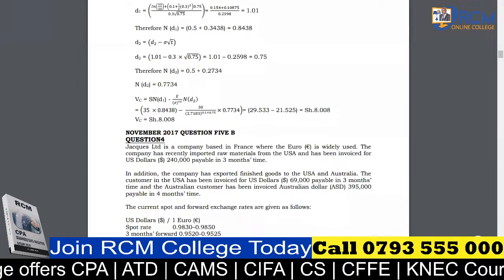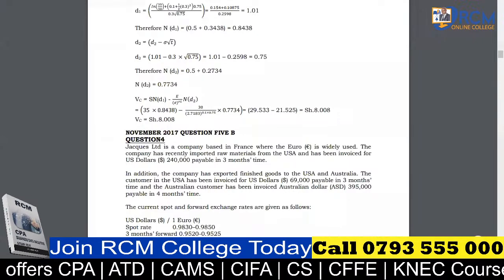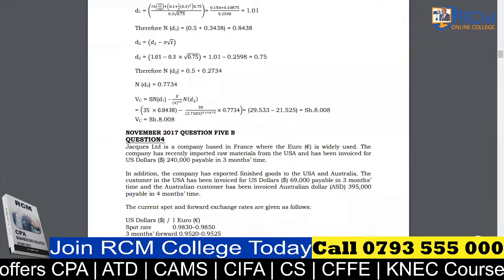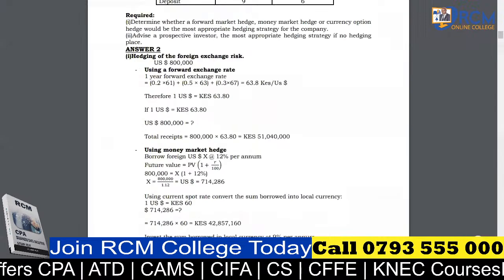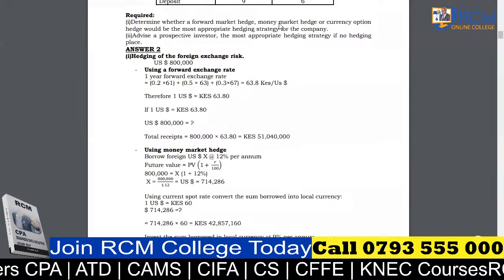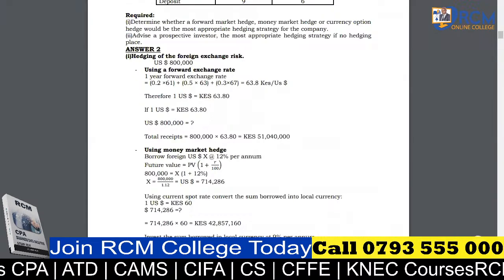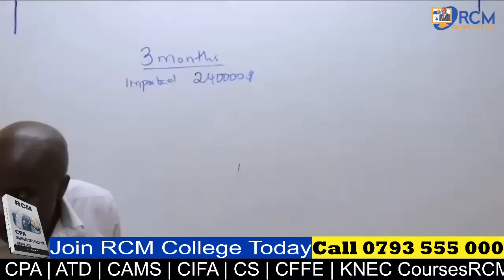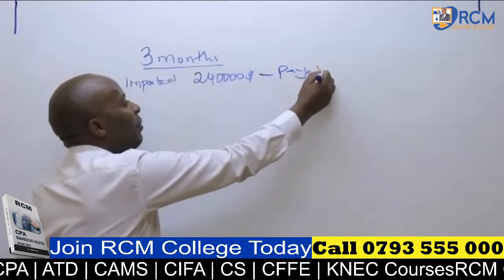So we have imported. When we import, what do we expect? We expect to pay. So the 240,000 is a payable.